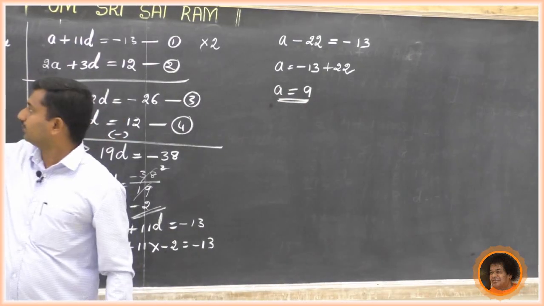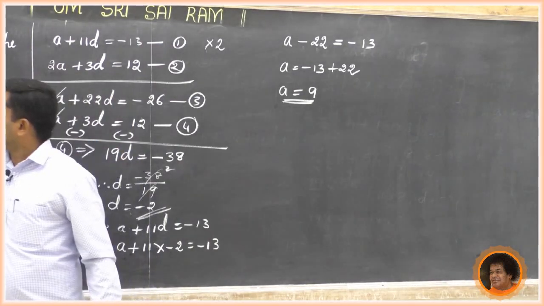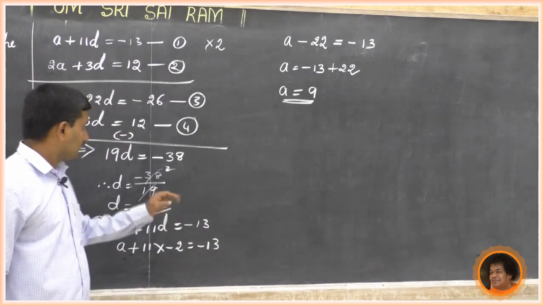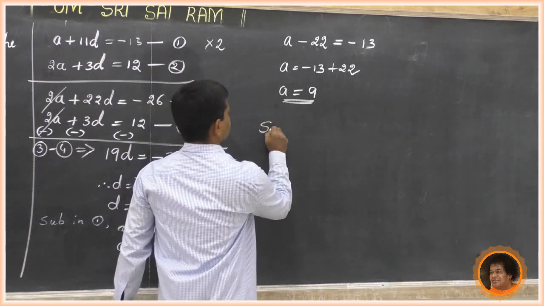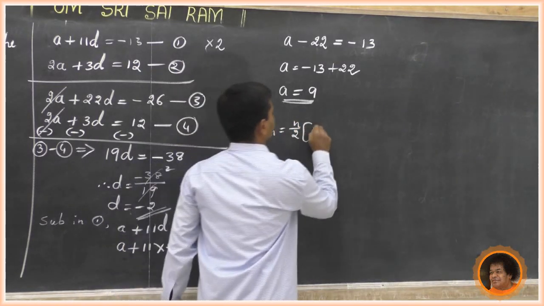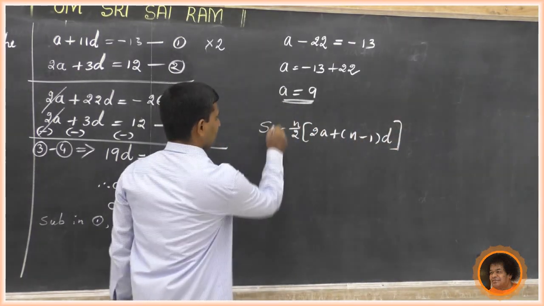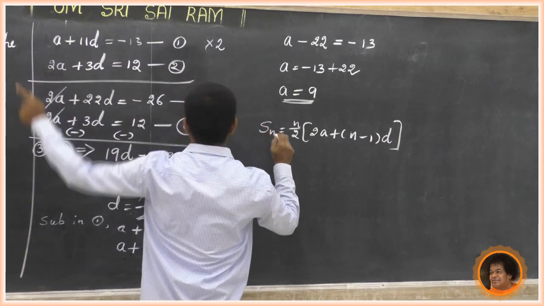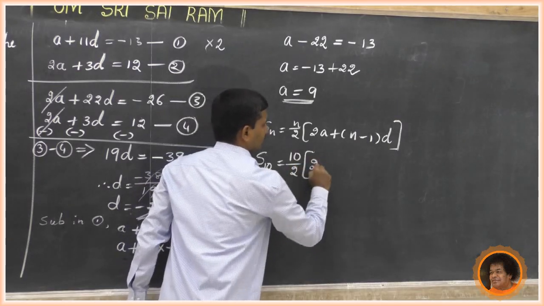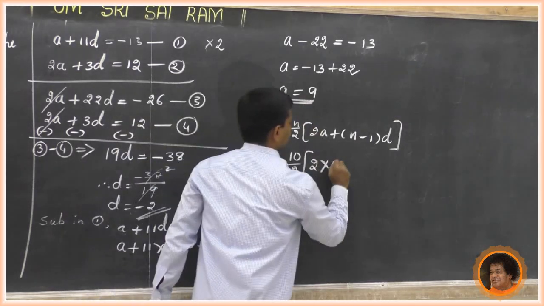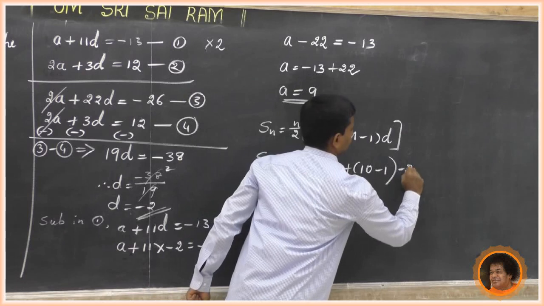So once again go through the question. Find the sum of its first 10 terms. You know the formula. n value, that is 10. a value 9 and d value minus 2. So formula Sn is equal to n by 2 into 2a plus n minus 1 into d. Substitute the values. Find the sum of first 10 terms, that is S10 is equal to 10 by 2 into 2 into, what is the value of a? a is 9 plus 10 minus 1 into d value, that is minus 2.